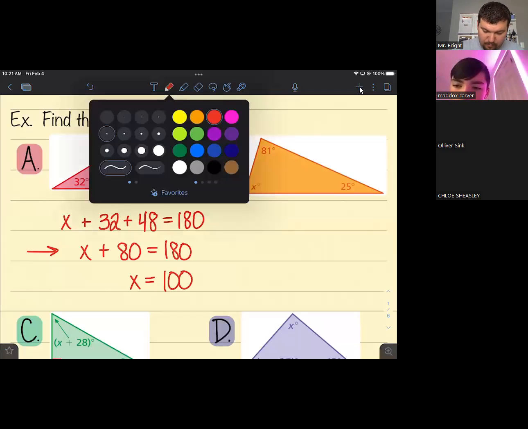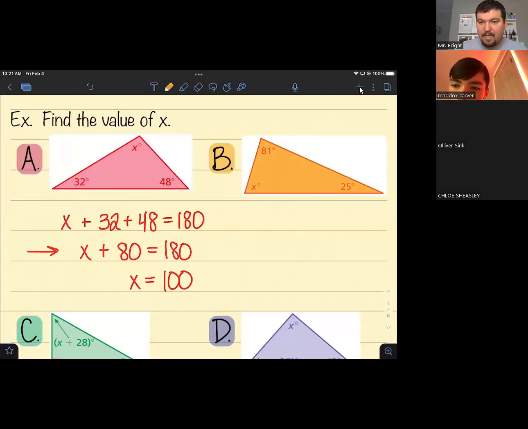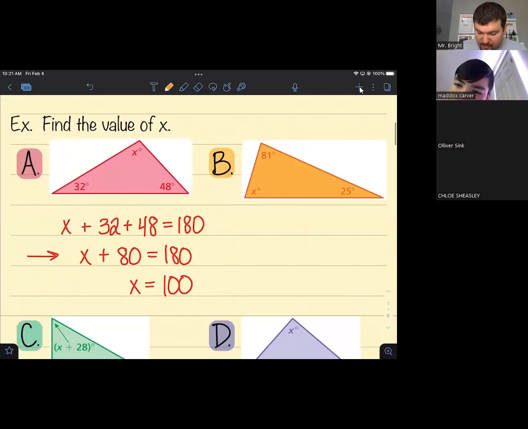Okay, let's go on to triangle B. We've got a triangle that has another missing angle X. If I add X with the 81 degree angle and the 25 degree angle, that's going to give us 180 degrees.